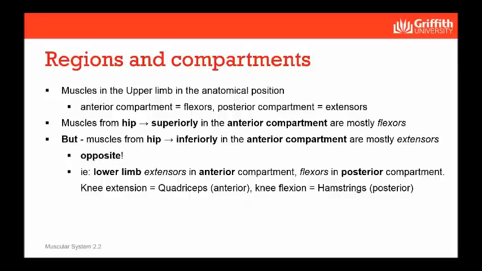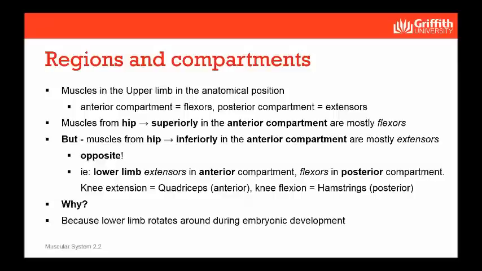For example, knee extension is produced by the quadriceps muscle in the anterior compartment, and knee flexion is produced by the hamstrings in the posterior compartment. Why would this be so? This is the result of rotation of the lower limb 180 degrees during embryonic development.